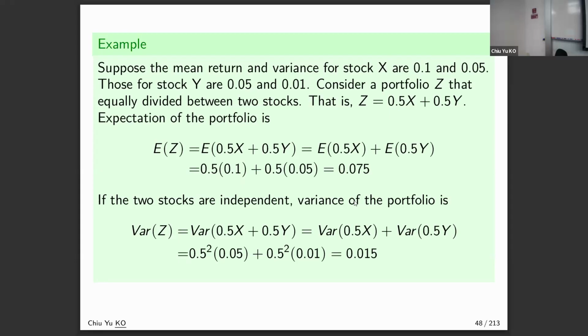So a simple question for you would be, I invest half and half, right? If you change this number, maybe one third to X, one third to Y, you have a different mean and different variance. Okay? So if you do an investment or financial planning or investment analysis, your goal, of course, is to decide what the optimal weighting is. Right?